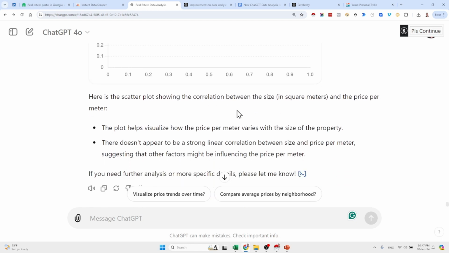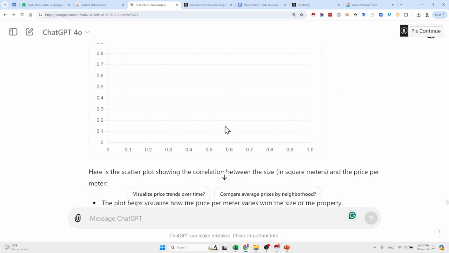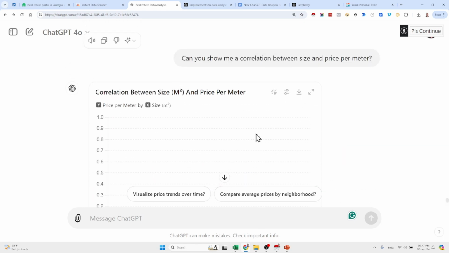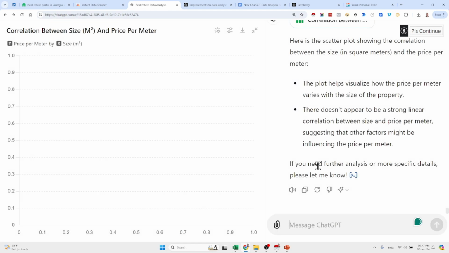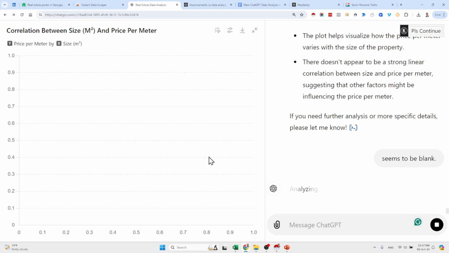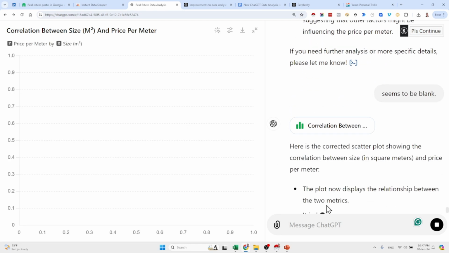Here is the scatter plot. The plot, I don't see the data. Let's go back here. Seems to be blank. Let's see. Maybe it's an error, but it's not crucial. But the whole idea is just to show you how it looks when you work side by side.